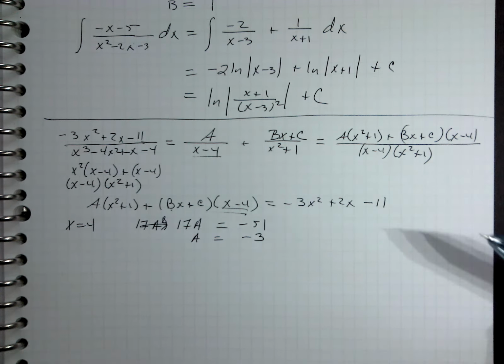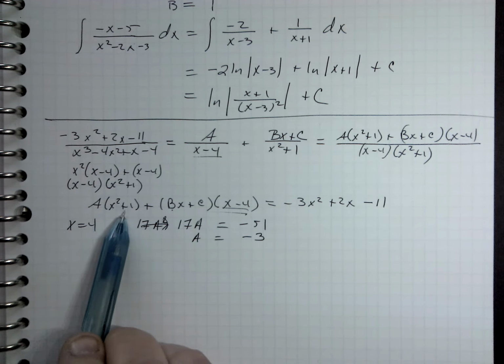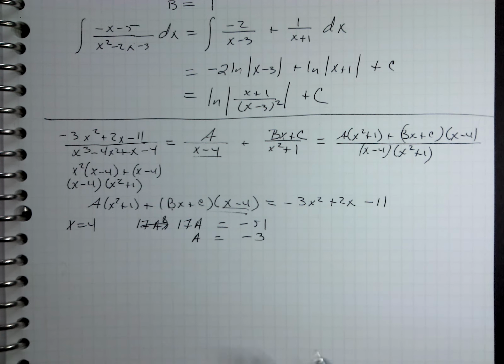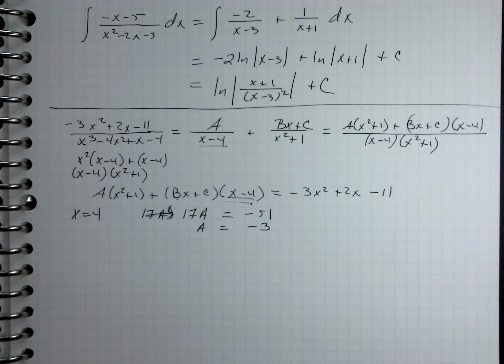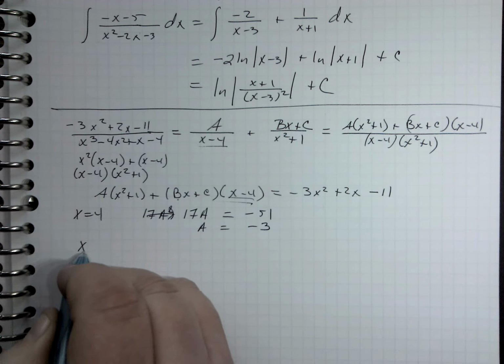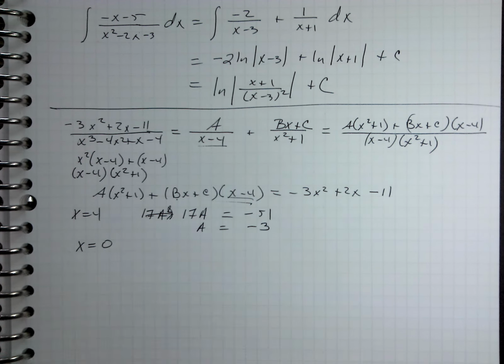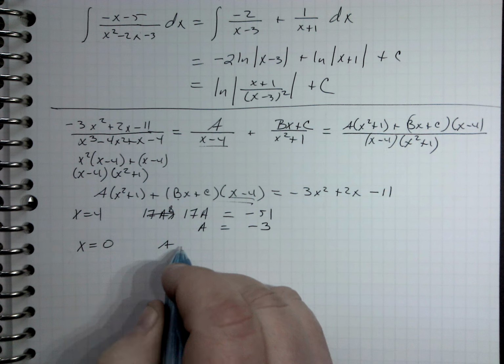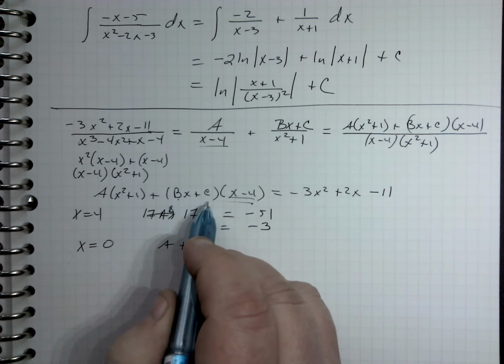Now the next ones are going to be more of a pain because I don't have roots here. I mean, I could conceivably use i and negative i, and then I'd still have a couple of equations to play with. So let's just try to get a couple more x's in here. Let's say x equals 0. 0 is always nice. That gives me a plus, okay, your b is gone.